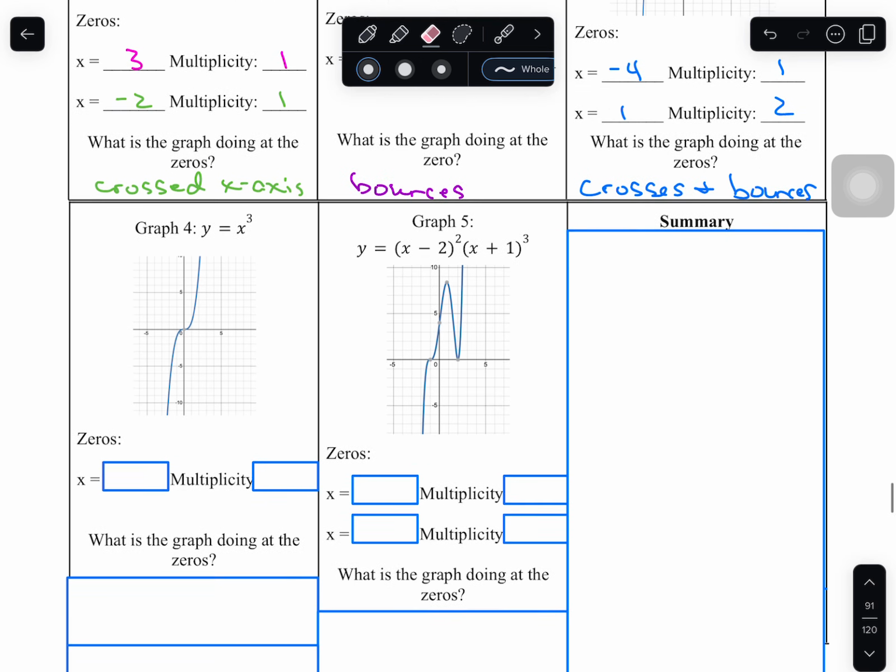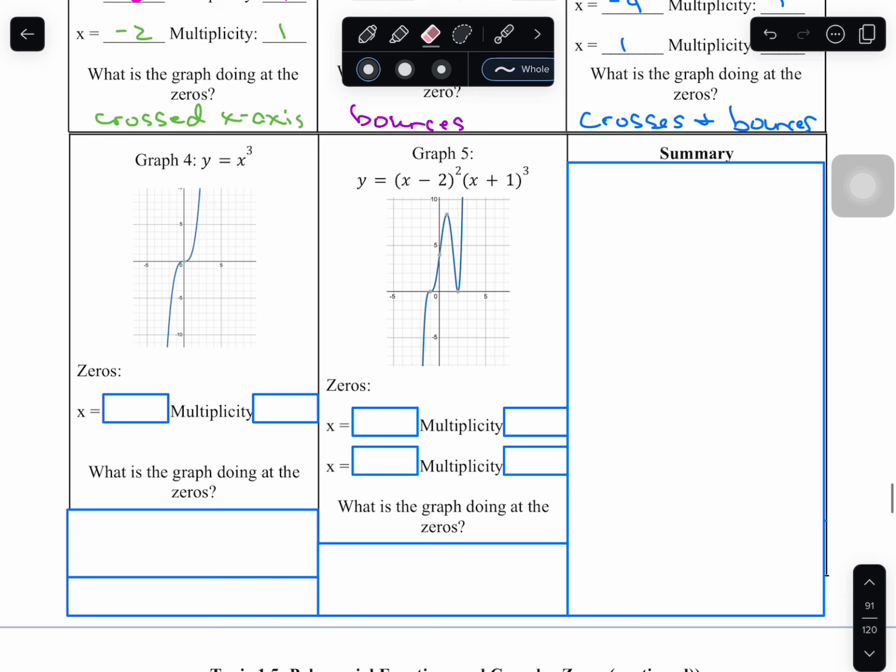Okay, go ahead and do the exact same thing with graphs 4 and 5. Pause the video. Okay, if we take a look here, if we look at the 0 here, there's only 1 for graph 4, and that's at 0. And the multiplicity there ends up being 3.